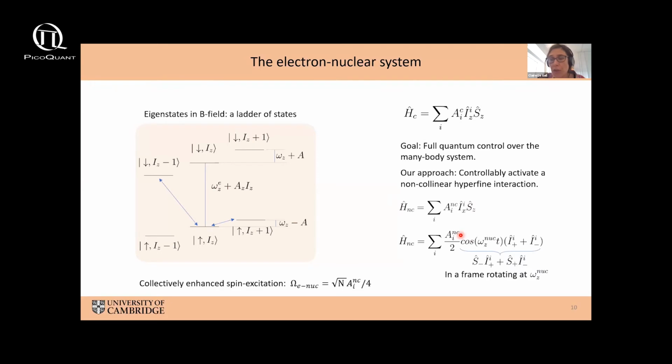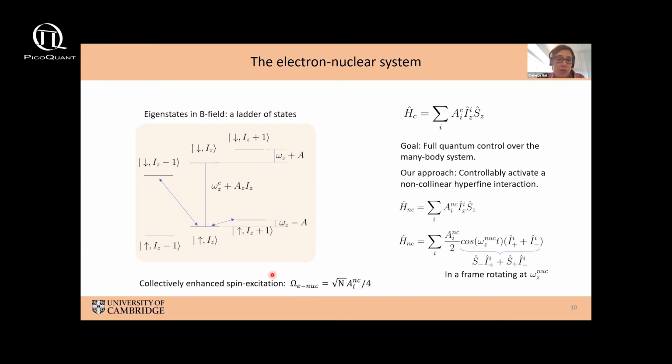And if you do a full quantum treatment, you end up with exactly a spin exchange Hamiltonian between the electron and the nuclear spin, where your S- operators here operate in the electron dressed state basis. And you flip a nuclear spin in the lab frame.